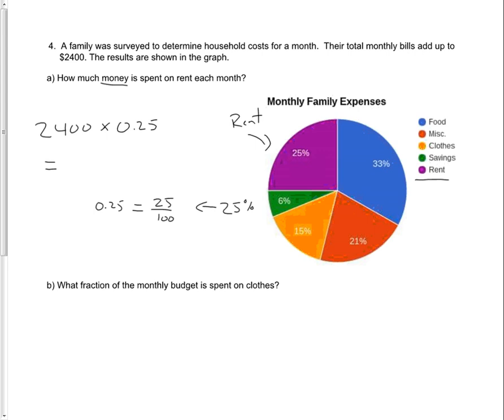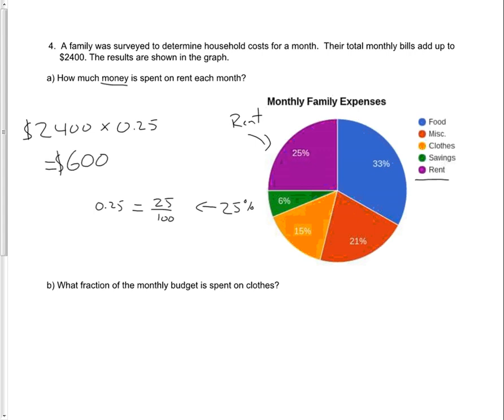When I put it into my calculator, 2400 times 0.25 gives me 600. So each month the family spends $600 on rent. 25% of 2400 is $600.